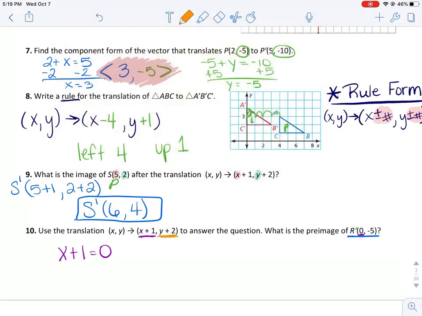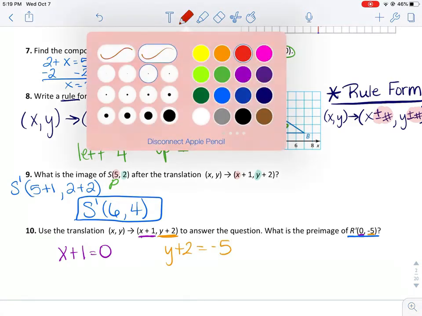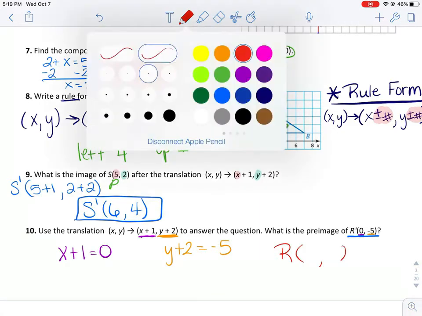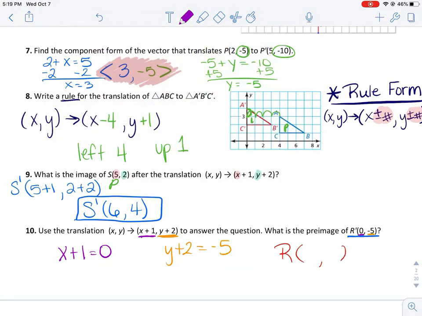They gave me the rule, and I know it gave me -5, so I'm going to set those equal. Y plus 2 equals -5. I'm going to solve each of those, and together, I'll be able to find the pre-image R. So if you need a moment to pause and do your algebra, do so now.